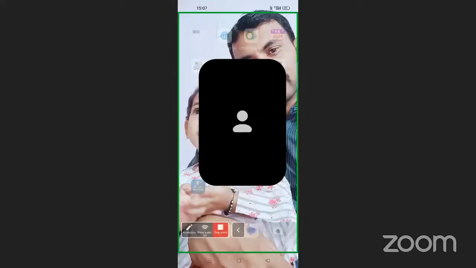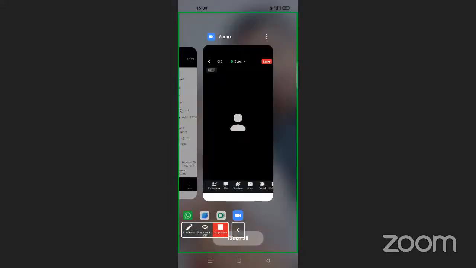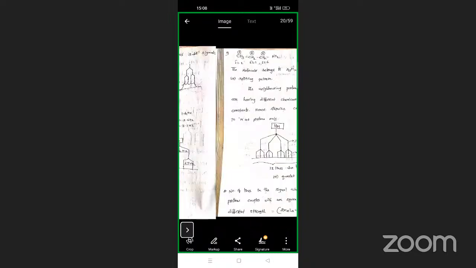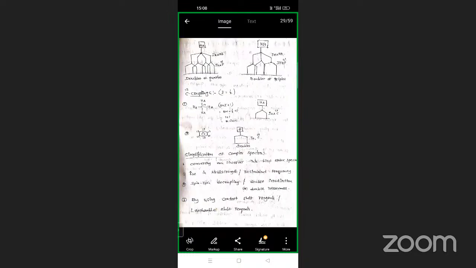So next, the simplification of proton NMR spectra. Simplification of this proton NMR spectra. So this means the simplification of complex spectra.